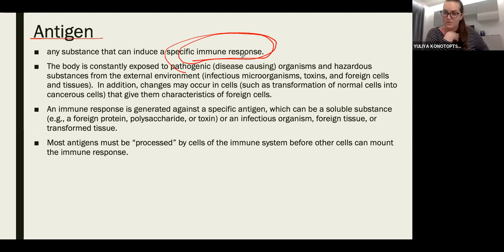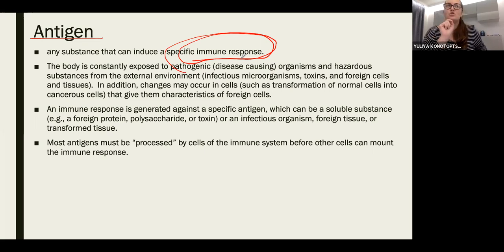Then I take a sip of this water, and this water contains influenza bacteria. On the surface of that bacteria, there is also a marker that tells me this is bacteria. How do you call that marker? Antigen.